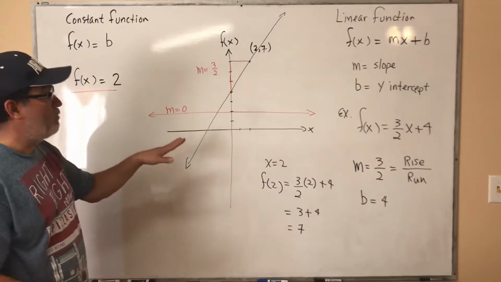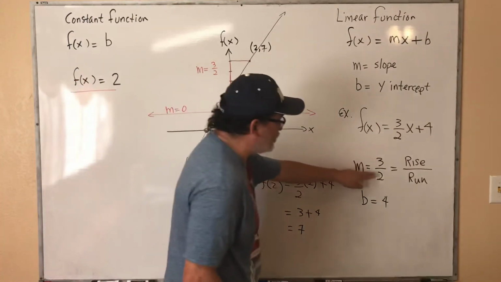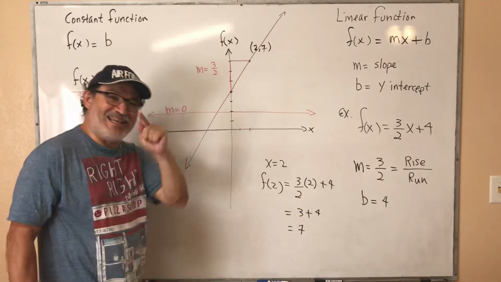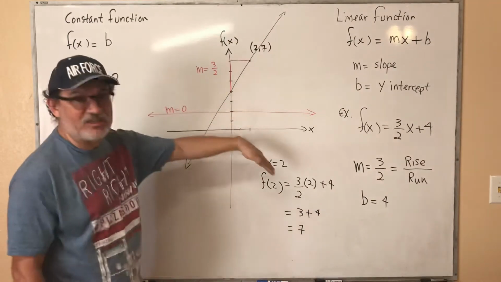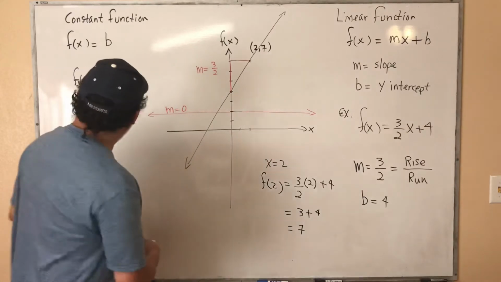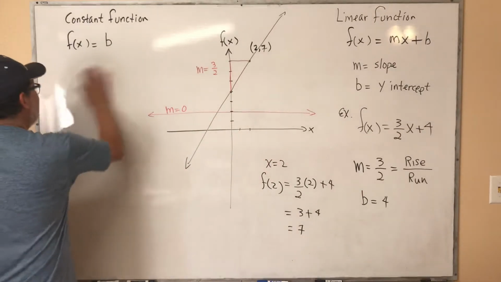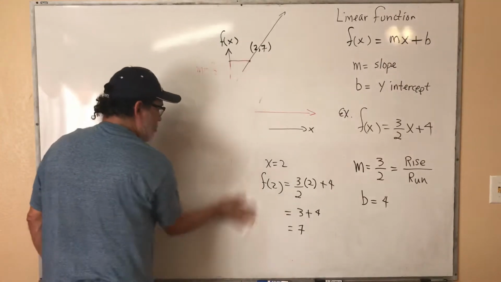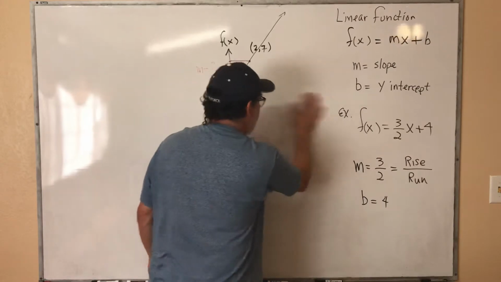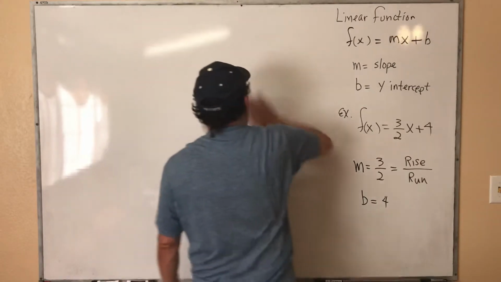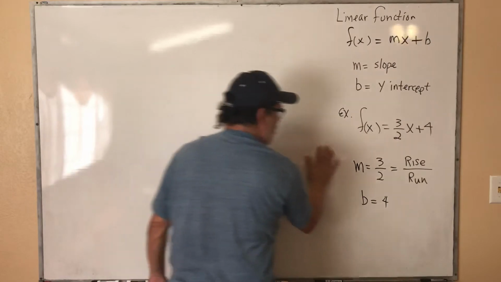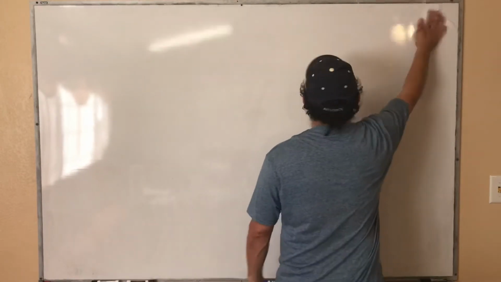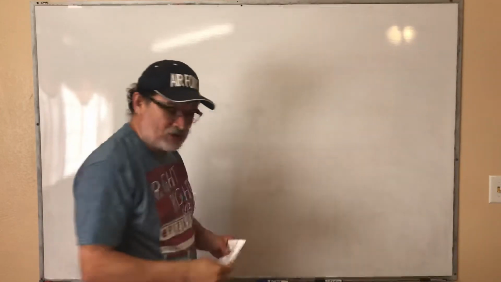This, by the way, positive slope, increasing. Negative slope, decreasing. Don't forget that. All right, so here we go. Let's erase this. Here we go. Watch this.